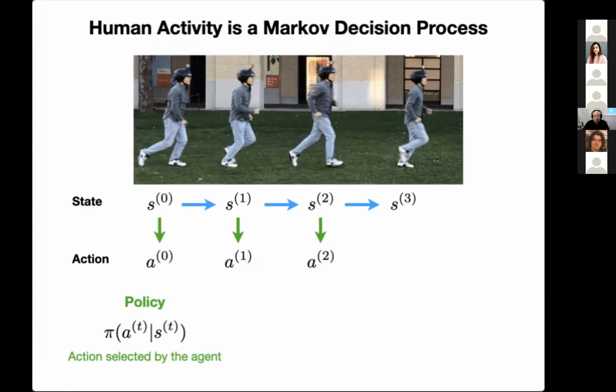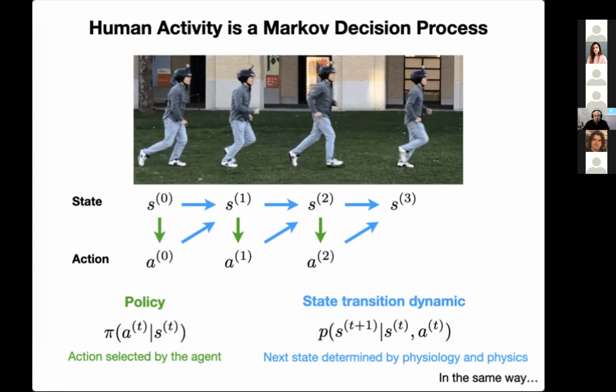If we apply this to a person, if I want to move to my next state, I'm going to put strength into my muscles and propel myself forward. That would be an action, and the result of that action takes me to another pose. So there's a name for the next state that you will be in, which is this s t plus 1.